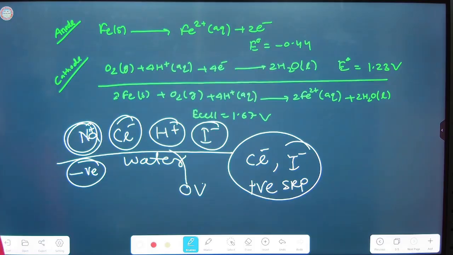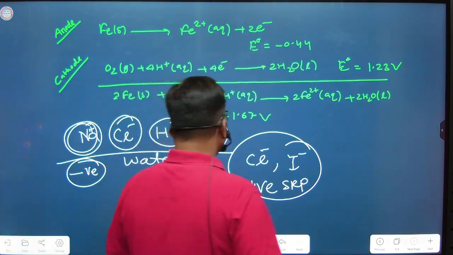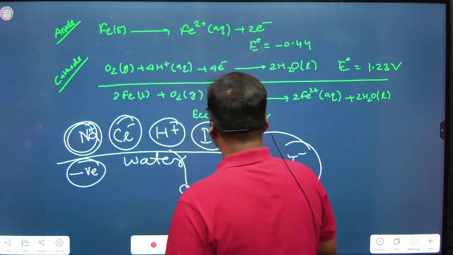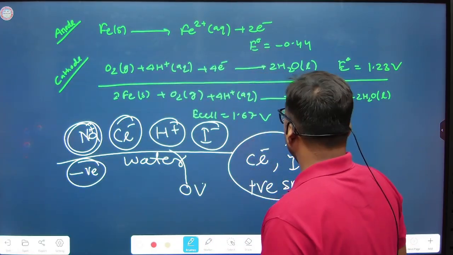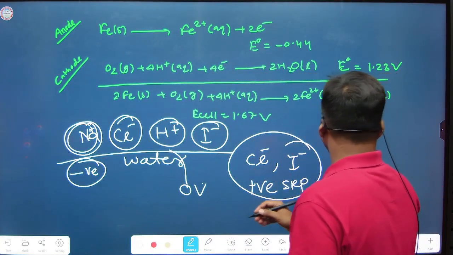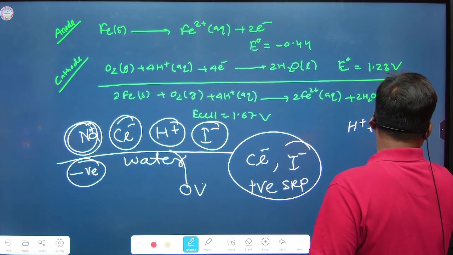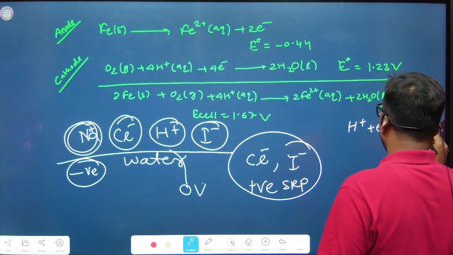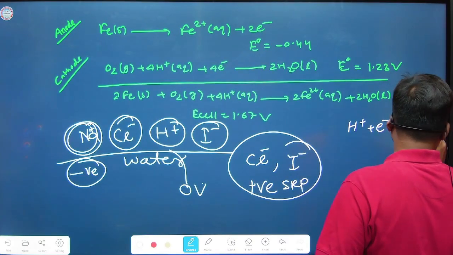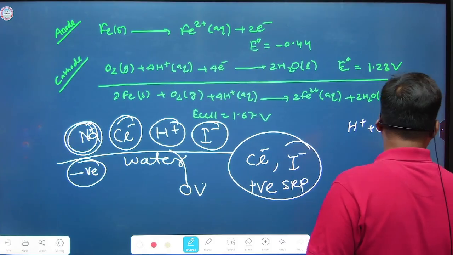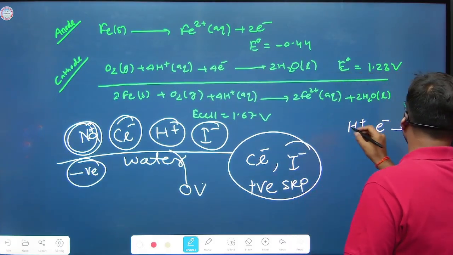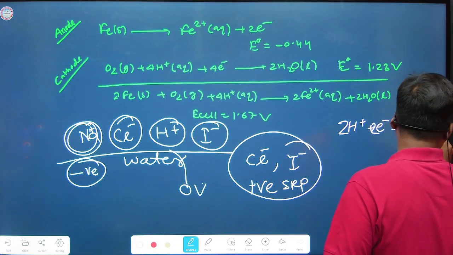So the reduction of the hydrogen ion, right? Actually, 2H plus plus 2 electrons is converted to H2.